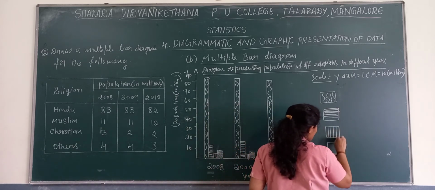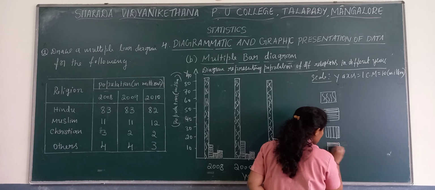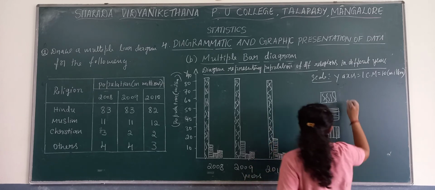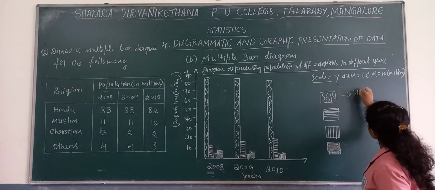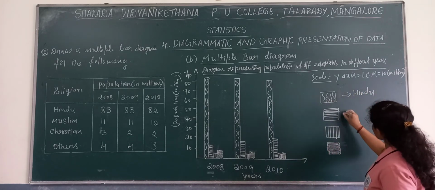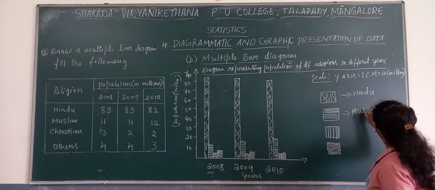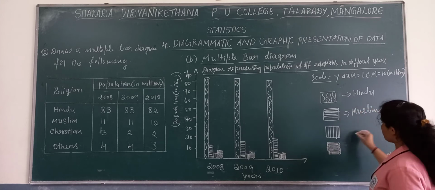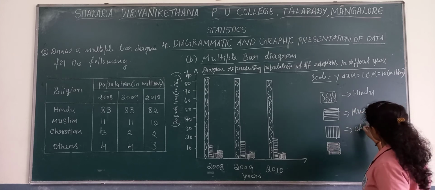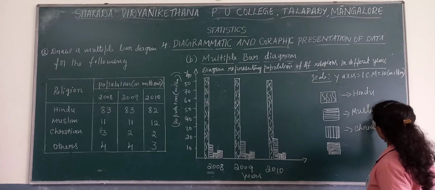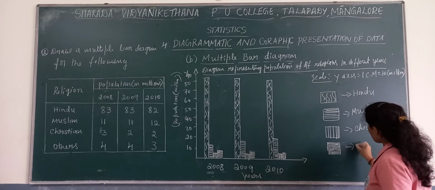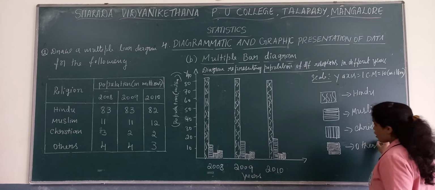Then this is Christian, and this one with complete shading is other. Now represent here Hindu population, Muslim population, Christian population and others.